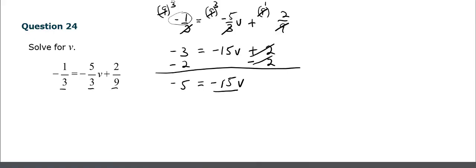Now remember, we're solving for v, so we always divide by the coefficient of that variable. So we're dividing both sides by negative 15. Negative 15 over negative 15 gives me positive 1, so that's positive 1v. And remember, a negative over a negative is a positive, so that gives me 5 over 15. Now remember, we always look to see if we can reduce.